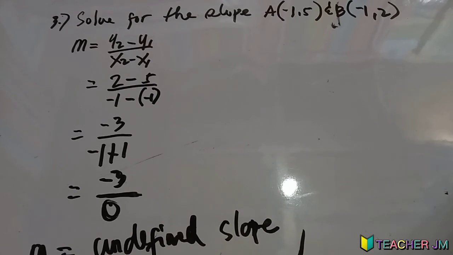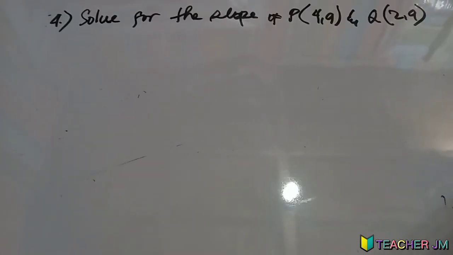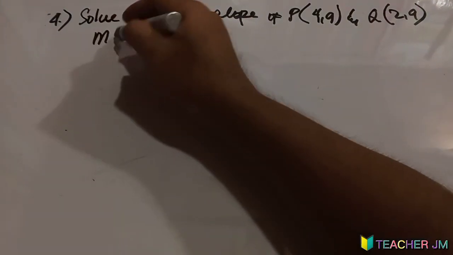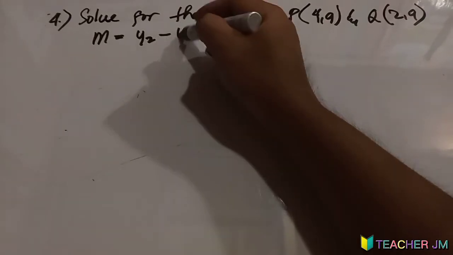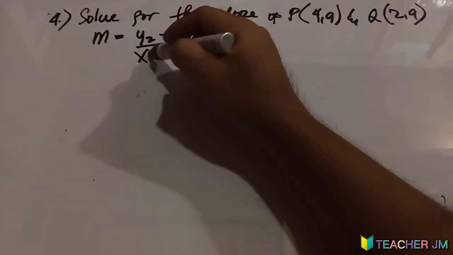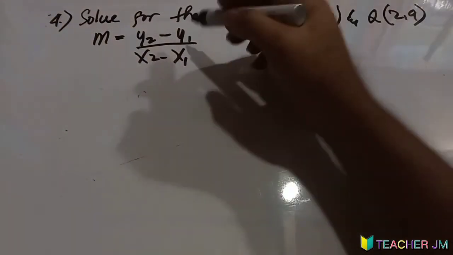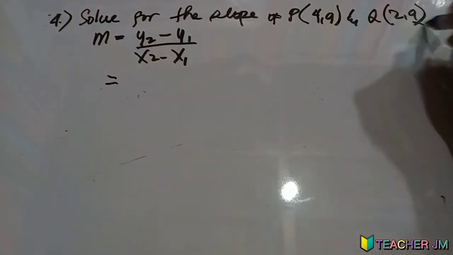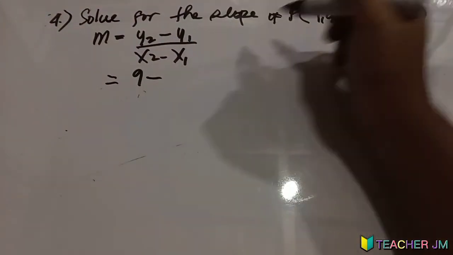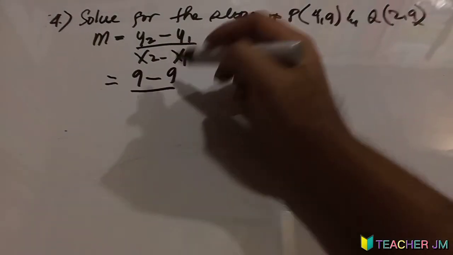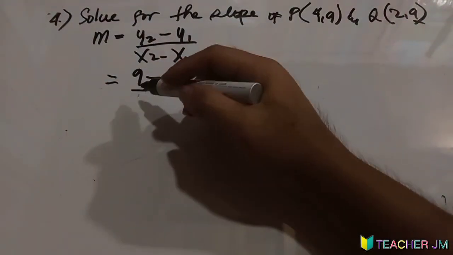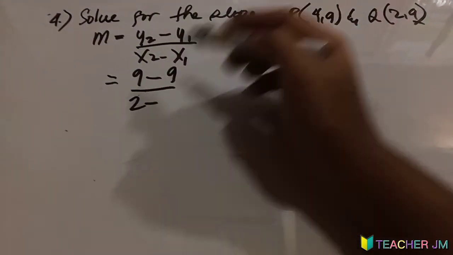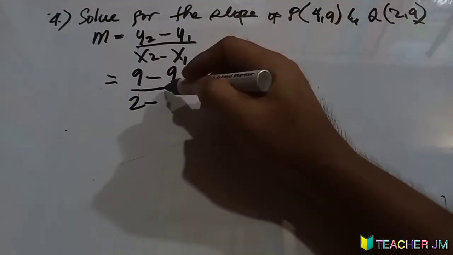Last example. Example number 4. Solve for the slope of P, we have 4, 9, and Q, we have 2, 9. So, formula. So, M equals y sub 2 minus y sub 1 over x sub 2 minus x sub 1. So, ang ating y sub 2 is meron tayong 9 minus y sub 1 is 9 over x sub 2 is 2 minus x sub 1, we have meron tayong 4.